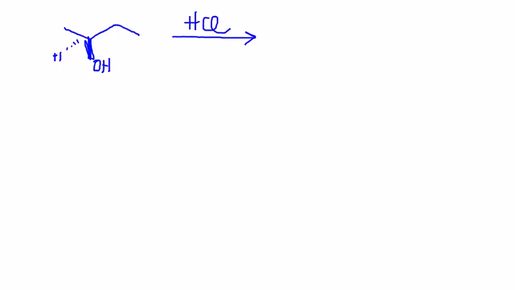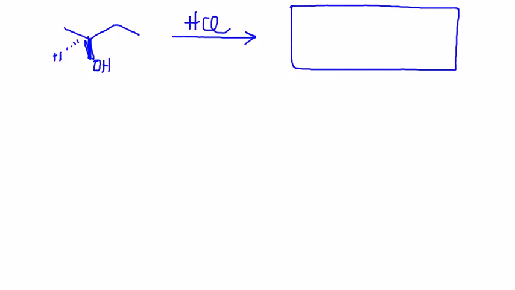You're treating that with HCl. Eventually, you're supposed to carry out a substitution reaction, and you're supposed to predict the products. Okay, so the box is drawn, and you're told that the alpha optical rotation of the starting material is, let's say, plus 60. And you're treating it with HCl.